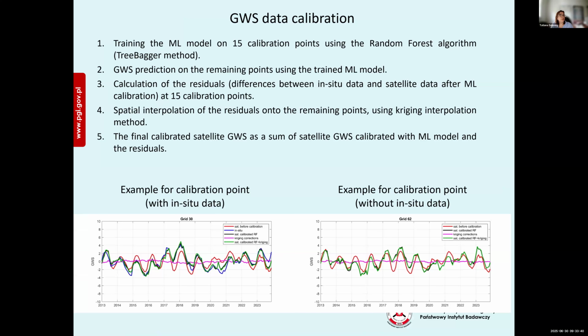To improve the configuration of the groundwater storage GRACE simulation model, calibration was performed using data from wells, groundwater storage in situ, and applying random forest machine learning algorithm, as well as Kriging interpolation.